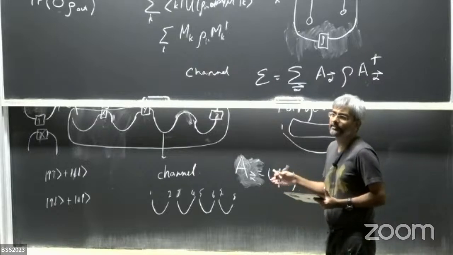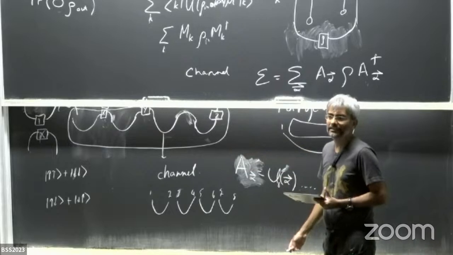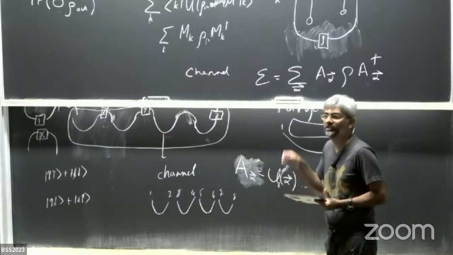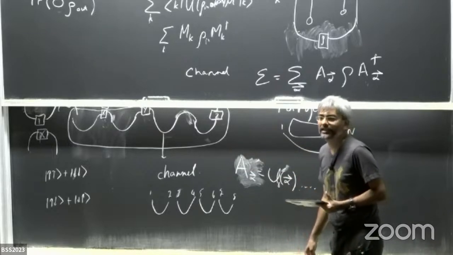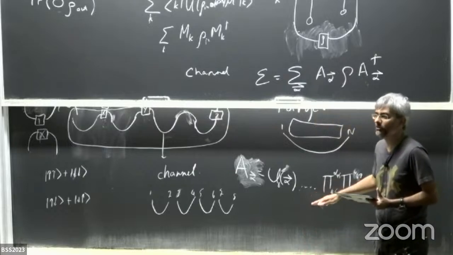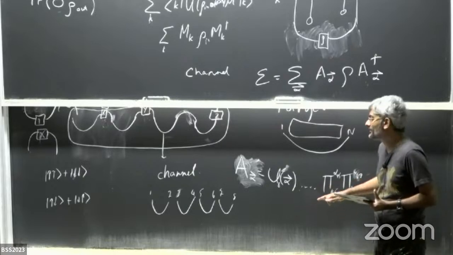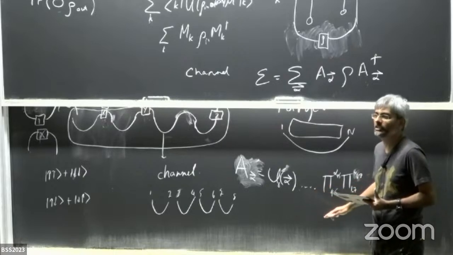So it's a sum of products of local stuff, but you can't factor the sum into a product of sums. And so this channel is implementable by local quantum operations, but it's not decomposable into local channels.